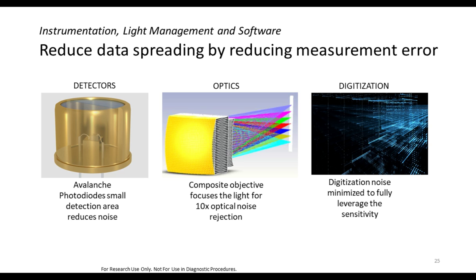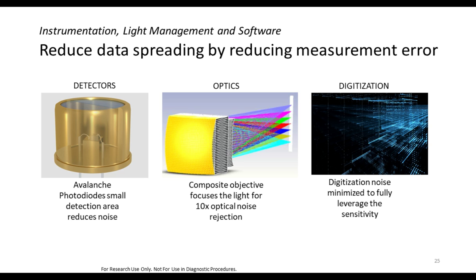One, the detectors that were chosen are avalanche photodiodes, which are known for having less noise, so having less measurement error. And part of that is because there's a small area upon which the signal is detected. Number two are the optics. So the optics are designed specifically to focus light better and reduce optical noise.